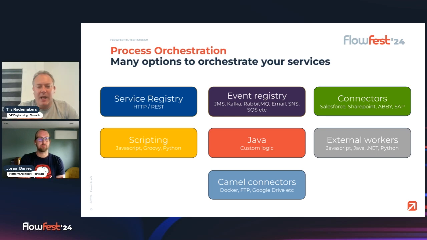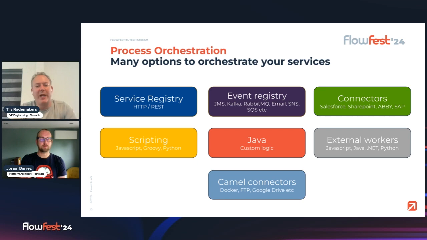And then we also have more options to customize the orchestration of your services as you want. So we have scripting support, we have Java support, of course, but also a very interesting pattern is the external worker pattern, where we are not pushing out to another service, but actually that service is pulling work from Flowable.